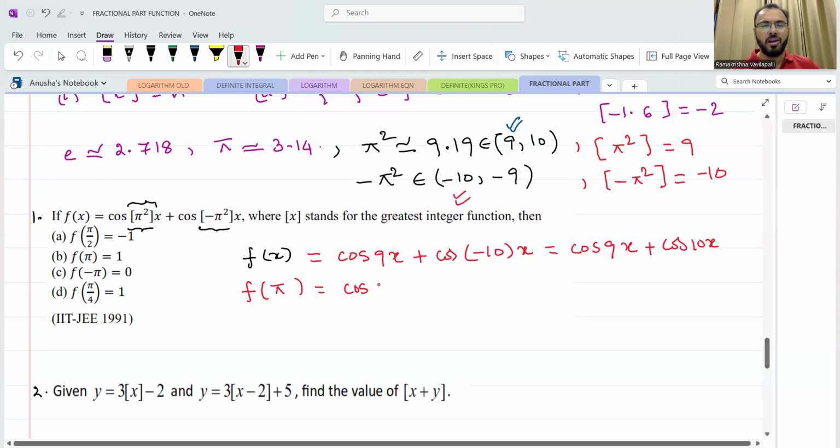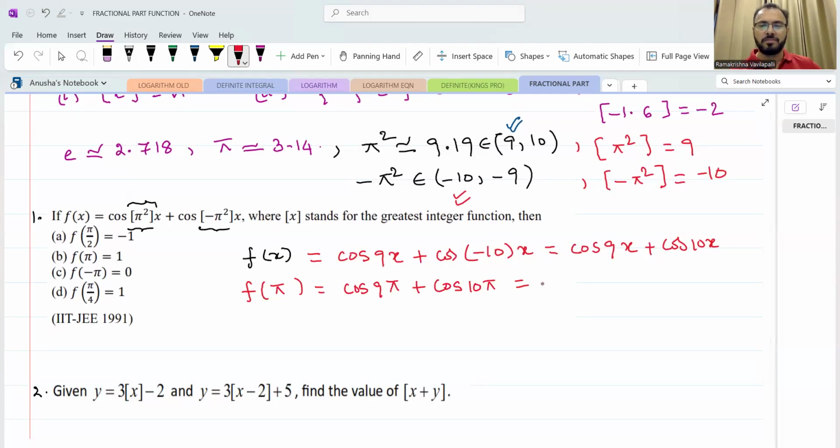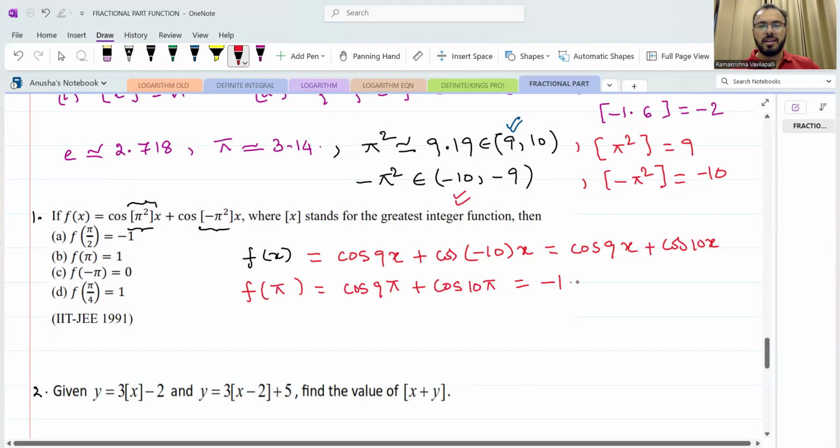So you will get cos 9 pi plus cos 10 pi. I need not explain each and everything: cos 9 pi value is minus 1 and cos 10 pi value is 1. That is equal to 0. So option B is wrong.